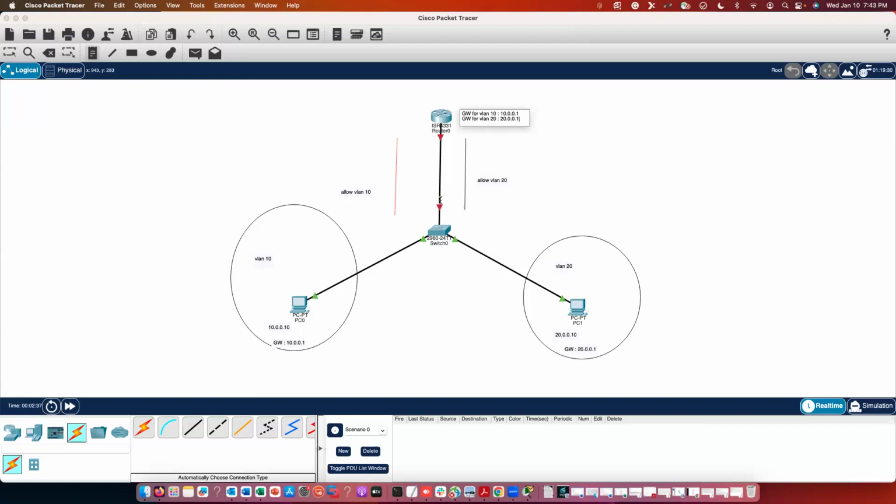Switch 0 should be trunking that to the router. On the router, we'll create the gateway. It has to go to the gateway, and the gateway should route to gateway 20, and it should come back and talk to PC1. So the inter-VLAN communication should be accomplished by the router in this case, with the gateways configured on the router.